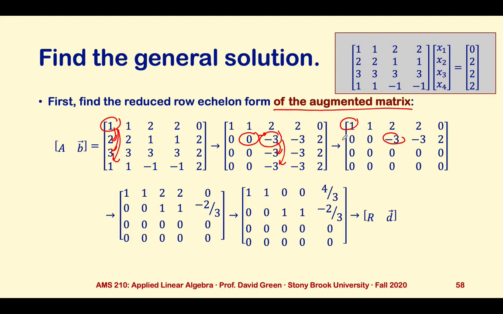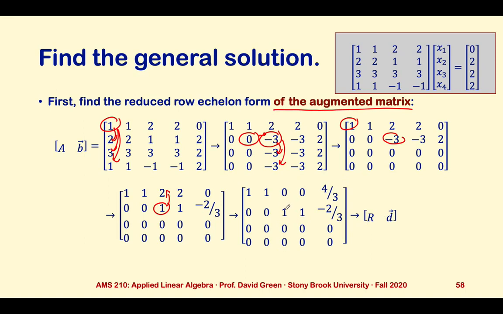form. Divide this second row by negative 3 to give us a 1 in the pivot position, and then eliminate upwards. 2 minus 2 is 0, 2 minus 2 is 0, and 0 minus negative 4 over 3 is 4 over 3.